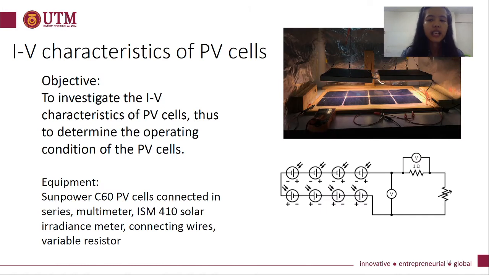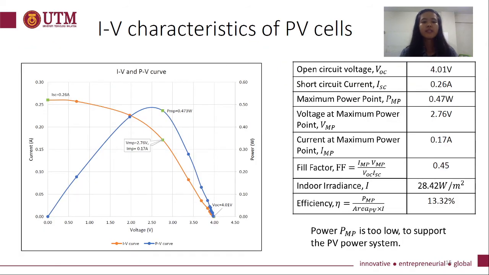The next experiment is to carry out a detailed study on the IV characteristic and power of the PV cell. Here on the right side is the circuit of the experiment setup. Here is the result where the IV and PV curves are created.